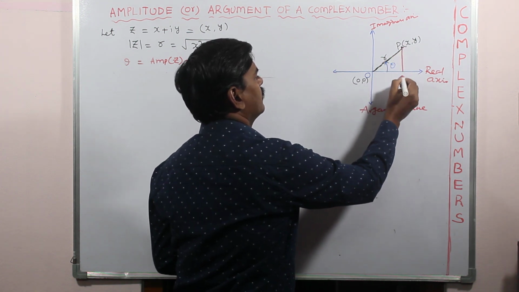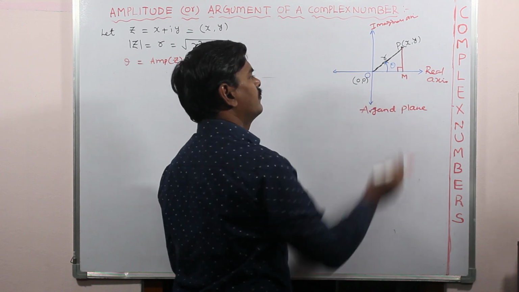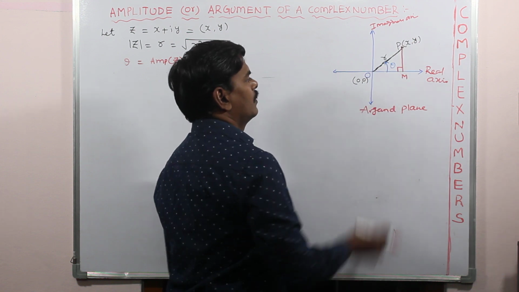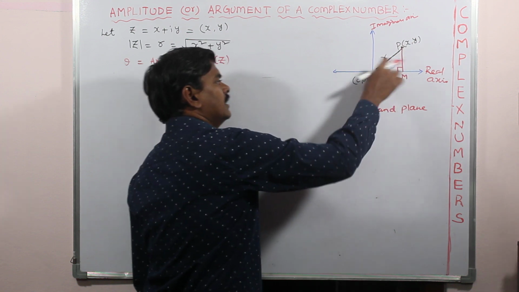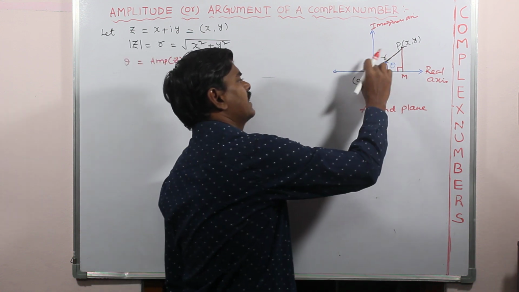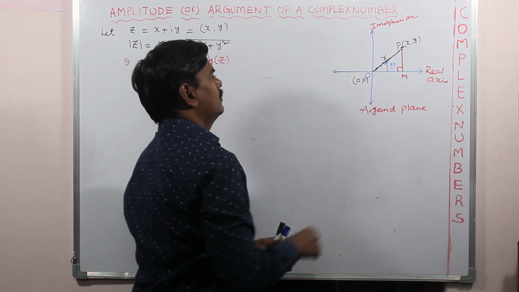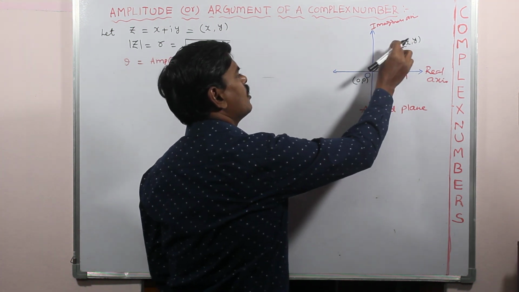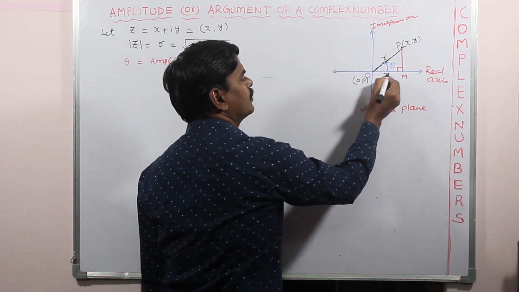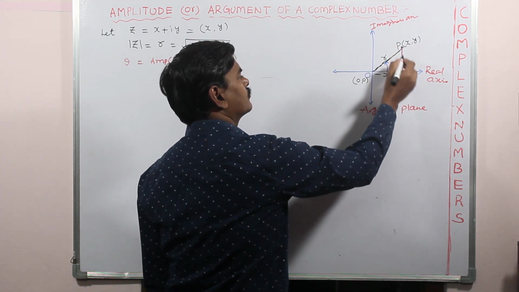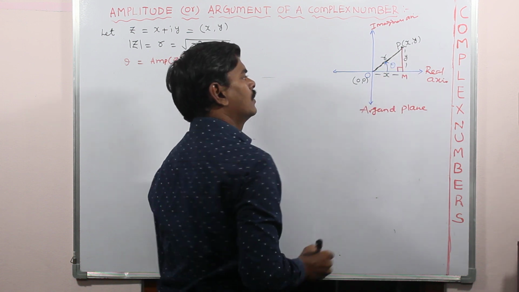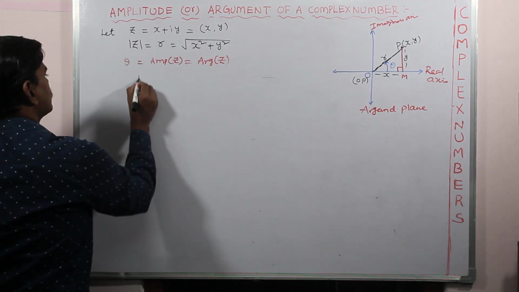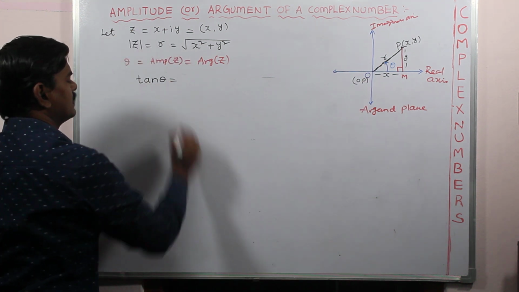Now if you want to find theta, let's go for some construction here. Let's draw a perpendicular line from point P onto real axis. Let it be PM. So that it results in a right angled triangle OPM. In triangle OPM, because P is x comma y, OM will be x, PM is y. Now to find theta, let us use the trigonometric ratio tan theta.